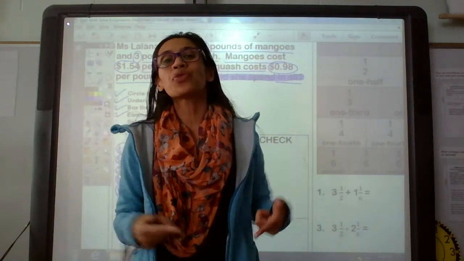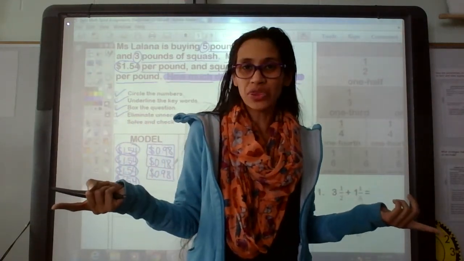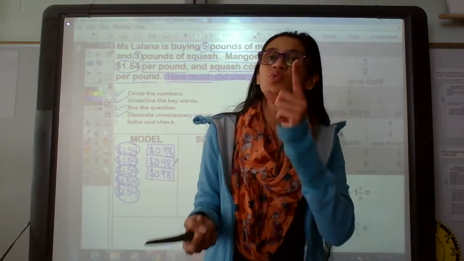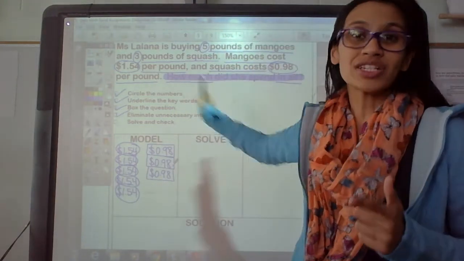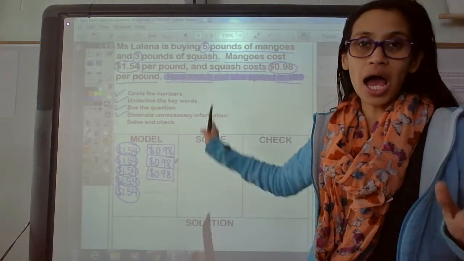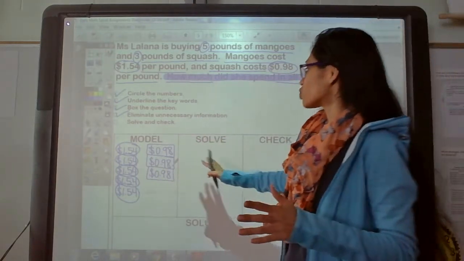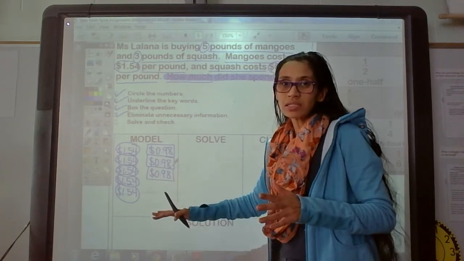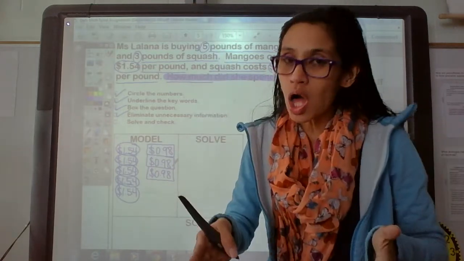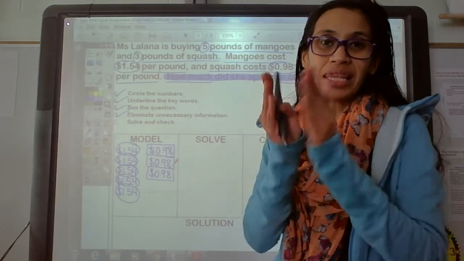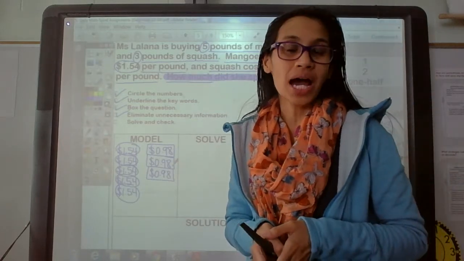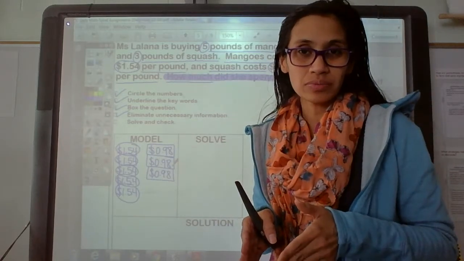Now, let's go through the different methods, the different strategies. What's one way? One way is to just add everything together. So you would write each of these in one long column together. Make sure your dollars and your cents line up. Those decimal points line up. Add those all together. Okay?